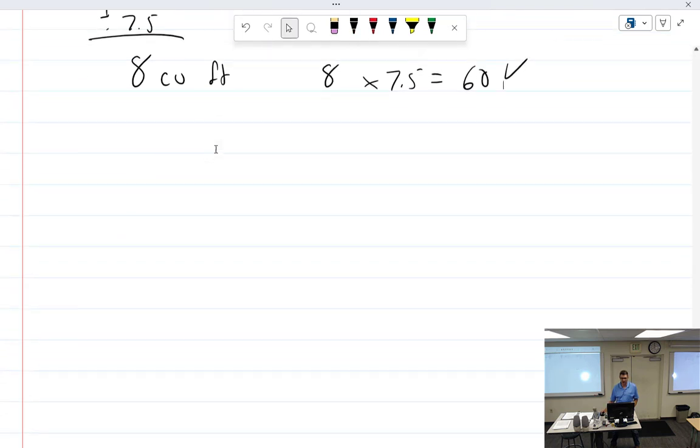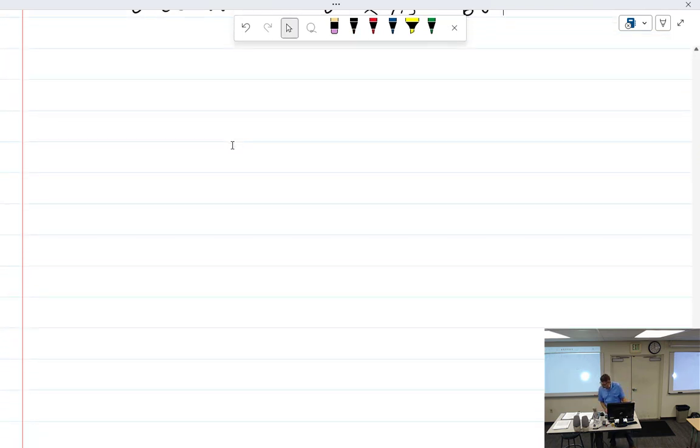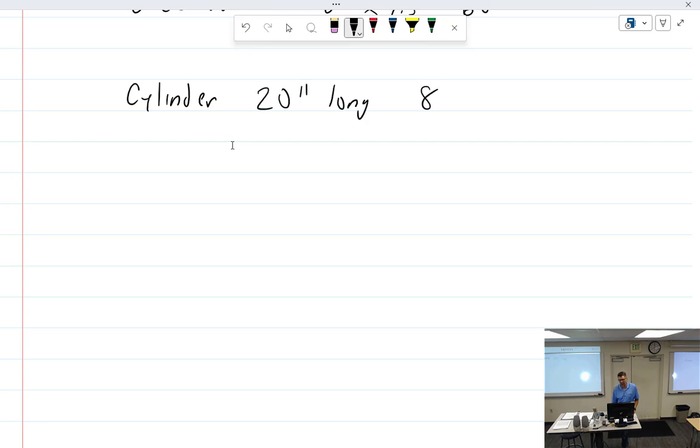All right, something a little bit different. Oh, this one, I think the question's terrible. Maybe not. There's one of them I hate. It's like, what size sheet metal is required to fabricate a cylinder 20 inches long and 8 inches in diameter?